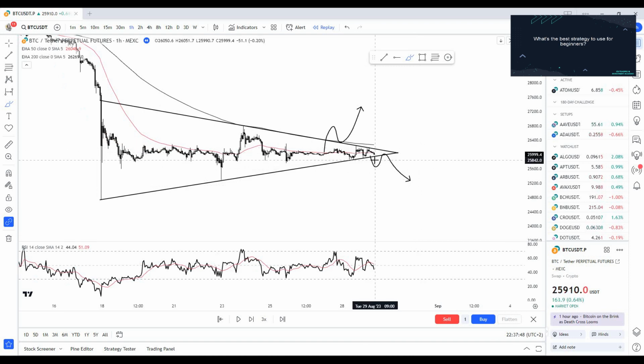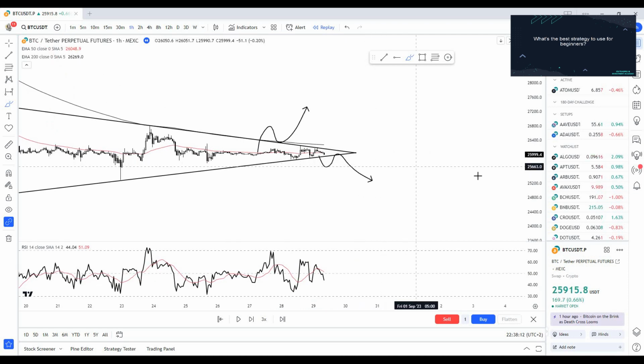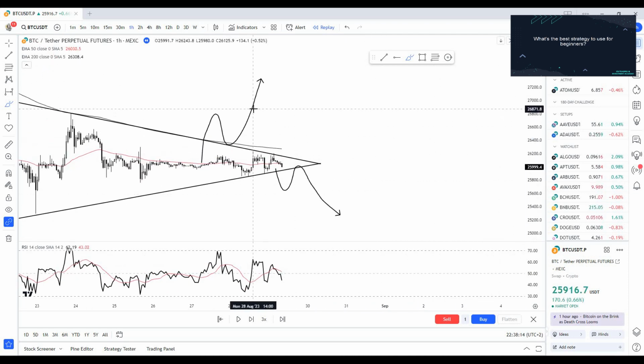Basically that is what you're watching for: a breakdown below the trend line when price is moving below the 50 and the 200 EMA, and a breakout above the trend line when price moves above. So that's your confluence.